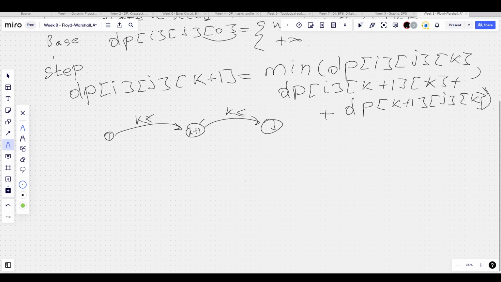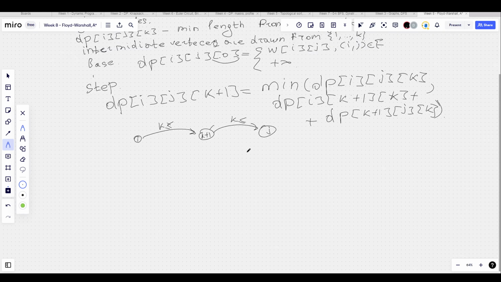Easy DP, we think. Okay, the order is trivial. We just calculate the pairs layer by layer by k.